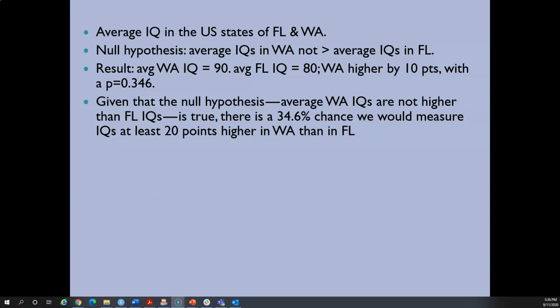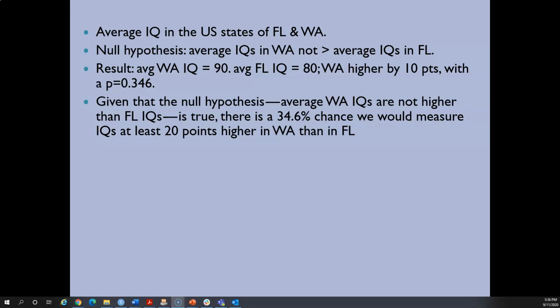Well, what does that mean? Let me break it down again. Even if the null hypothesis is true, meaning even if Washington IQs and Florida IQs are not that different from each other, if you were to actually measure the IQ in those two states, there is nearly a 35% chance that you will end up getting a higher value for Washington than for Florida.